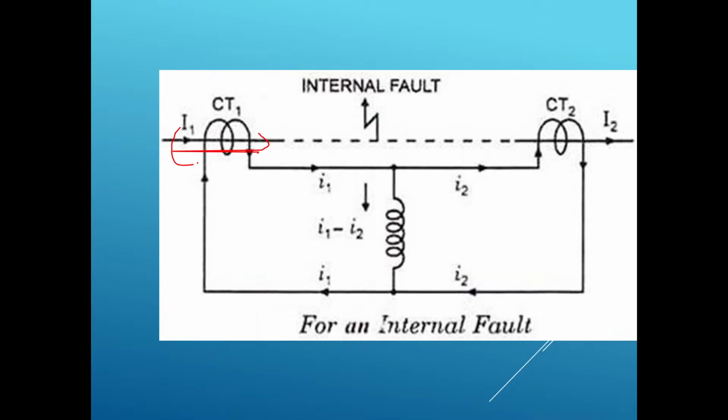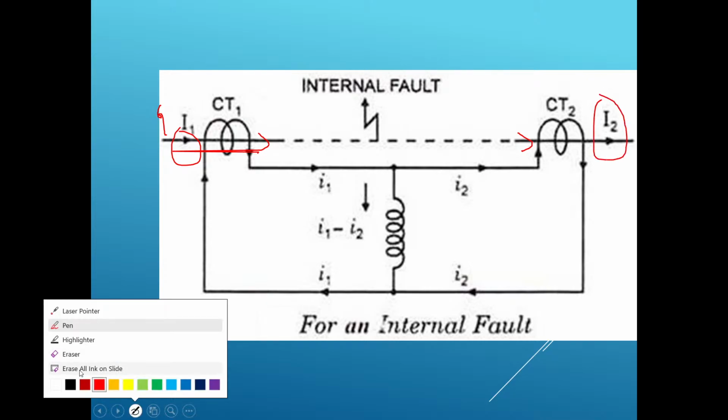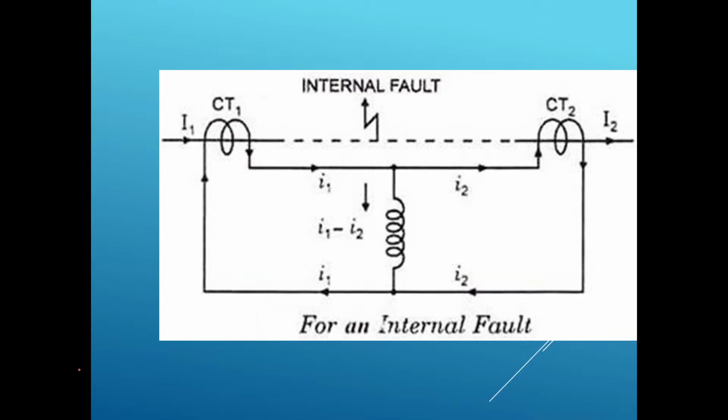Or the current direction may not change. If the generating station is on this side, current is entering the city and still leaving the city, meaning the current direction has not changed in this diagram. But a fault has occurred, some internal fault. So what will happen? The current entering CT1 will no longer be equal to the current leaving CT2.